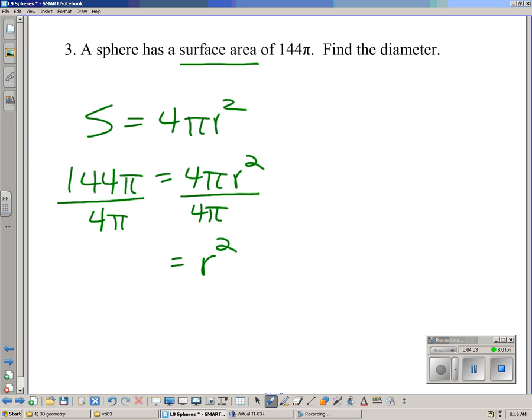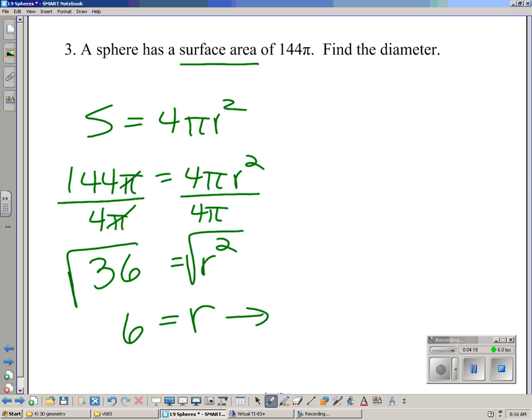We get r squared equals 144 divided by 4, which is 36. Taking the square root on both sides, the radius is 6, which makes the diameter equal to 12. They didn't give us units here, so we don't know if it was inches or feet or yards or centimeters, so we can leave the answer without any units.